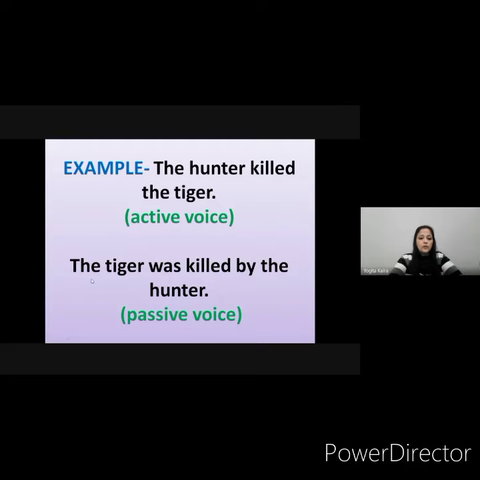Now here the subject is the tiger and he's receiving an action done by the object. Right. So here this is called the passive voice. So I hope this is clear to all of you that in the active voice, the subject is performing an action, and in the passive voice, the subject is receiving the action, right?